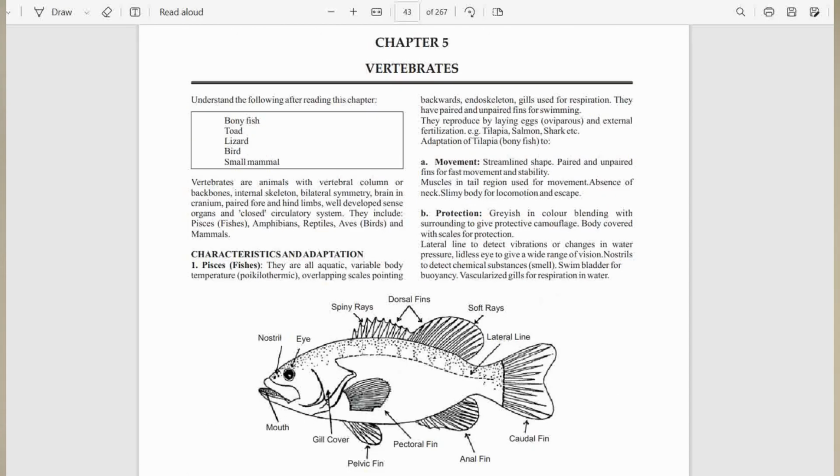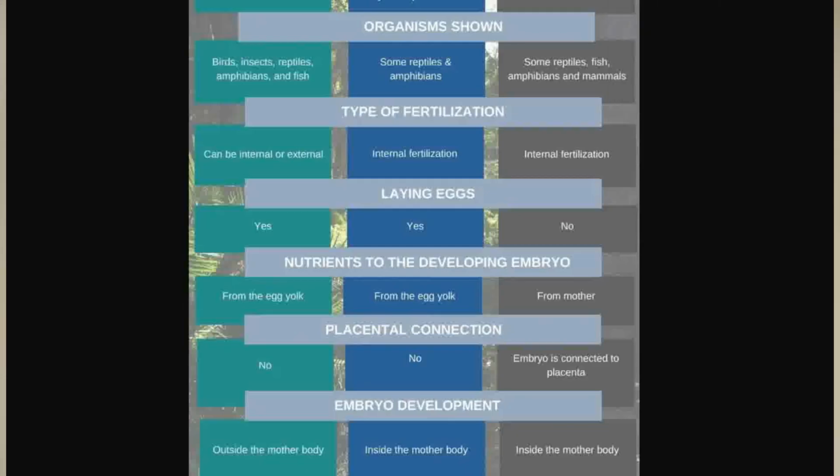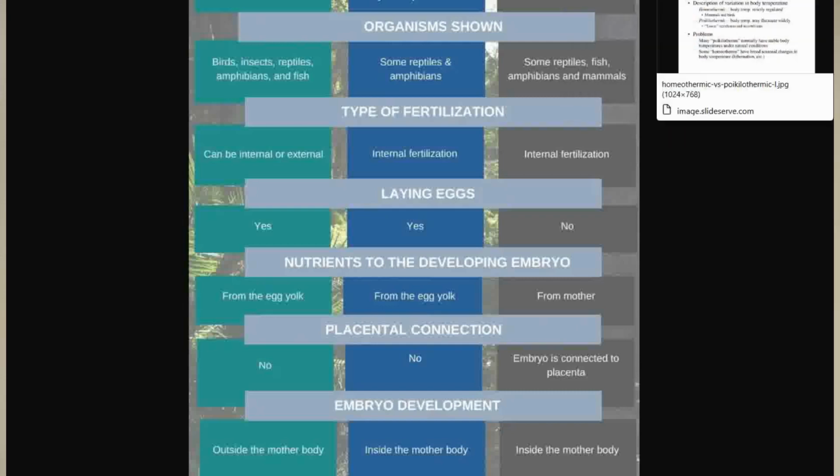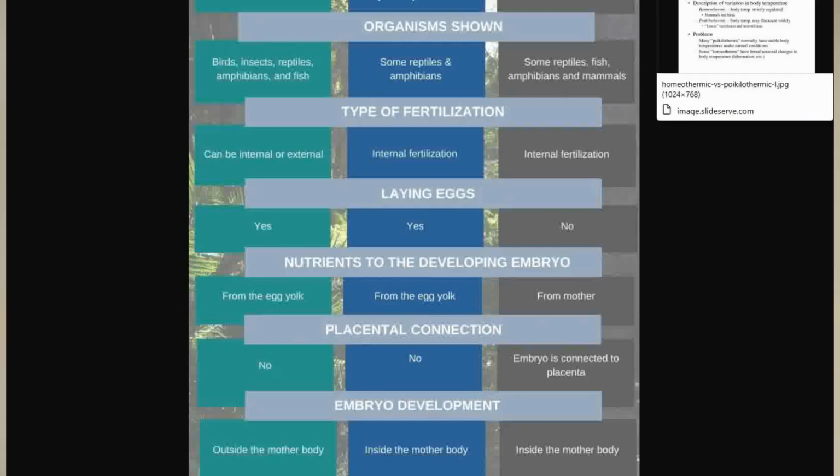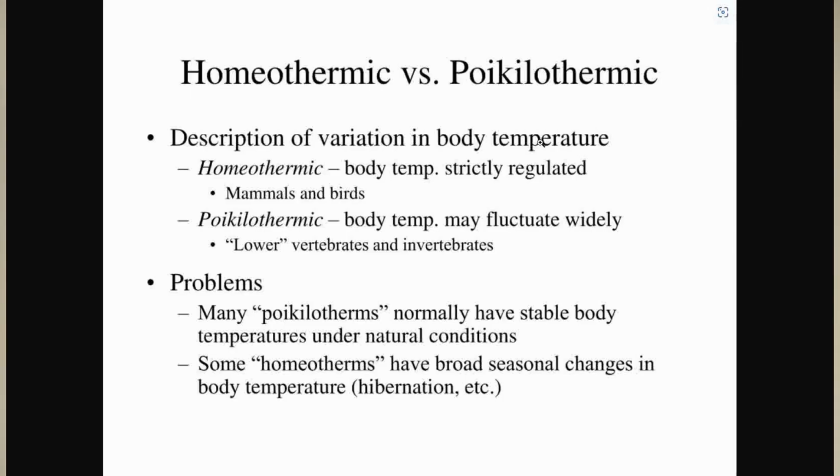Another key concept I think is very important before we move on is the concept of temperature, because we are going to come across this. There is something called homeothermic versus poikilothermic.